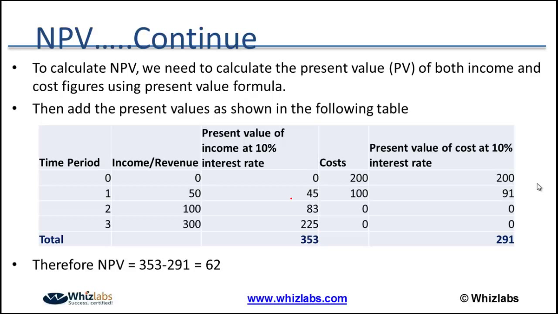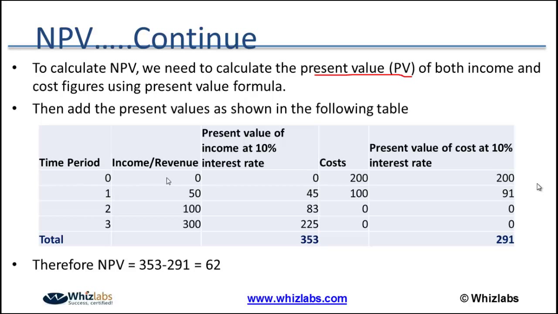Here, to calculate net present value we need to calculate the present value. We have seen the present value formula, PV equals FV divided by (1 plus R) raised to N.